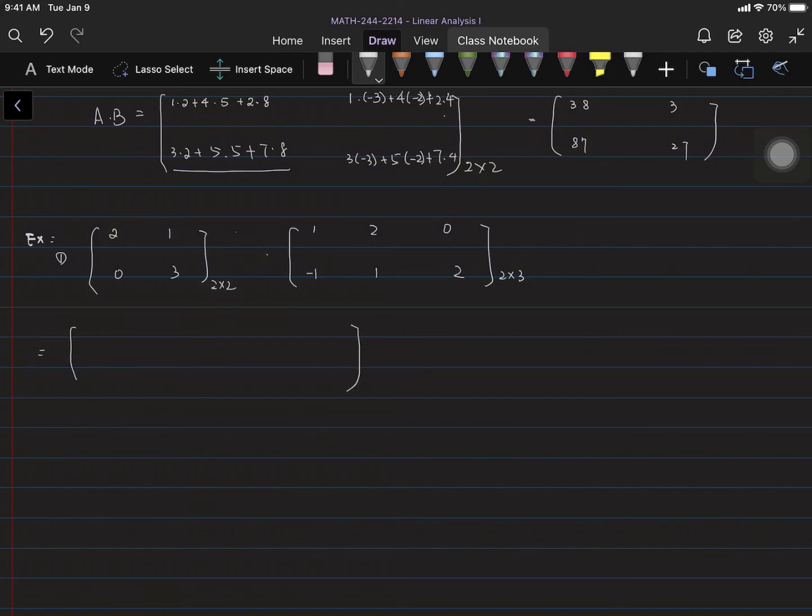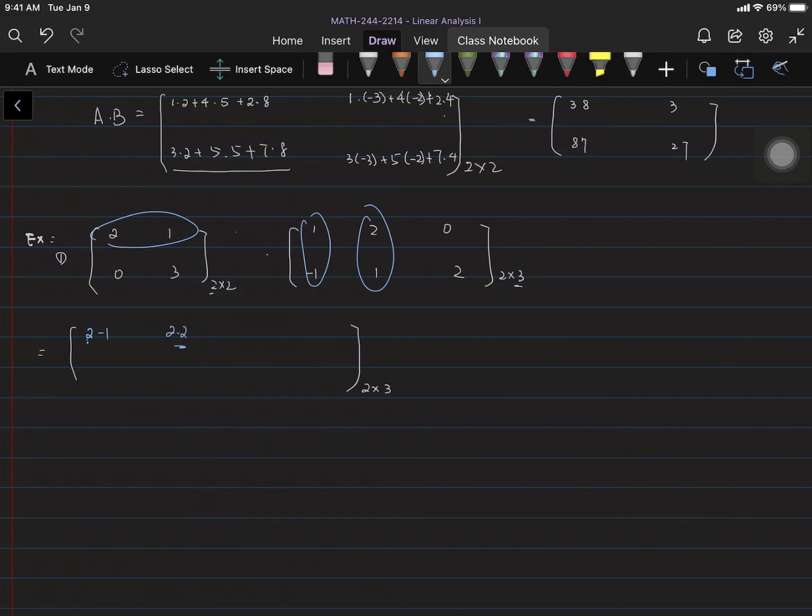Firstly, we can write the size, just in case you made a mistake, so we can still check our matrix. The product matrix should be 2 by 3. This number is the first row times the first column, so 2 minus 1. And this number is the first row times the second column.